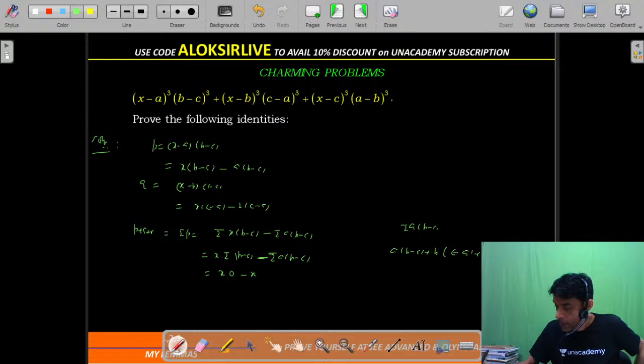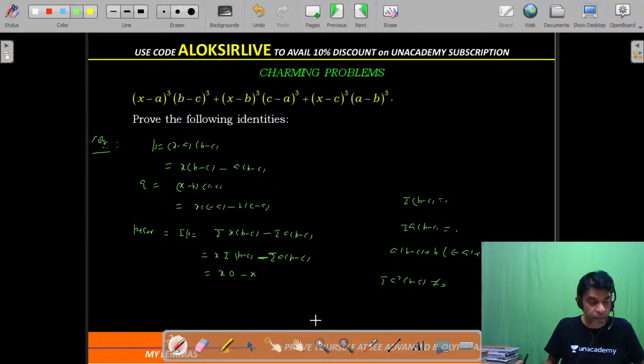So sigma b minus c is 0, but sigma a square b minus c is not 0. In fact, they have got good factorization, which I will take up in one of the lessons. Suffice to say, it is not 0.